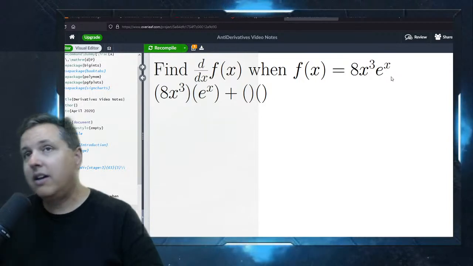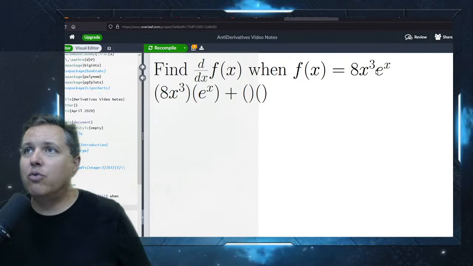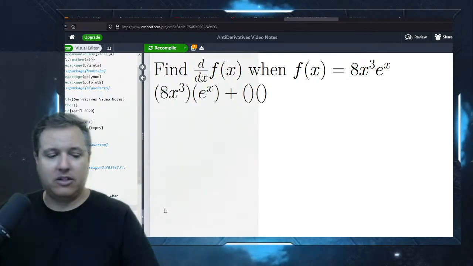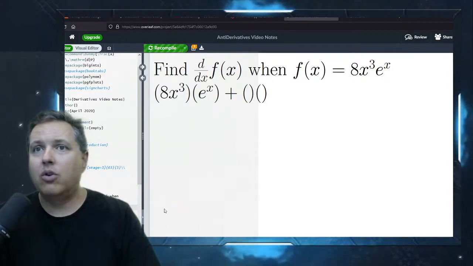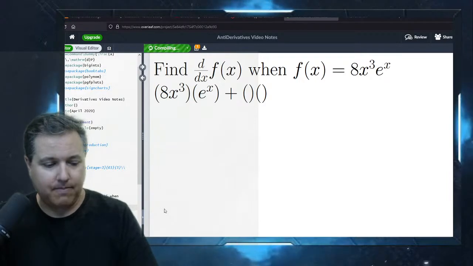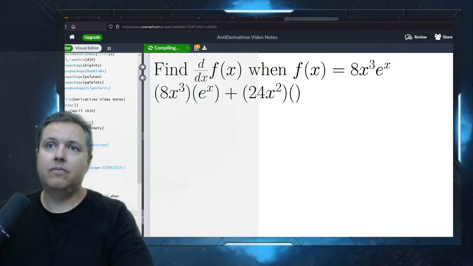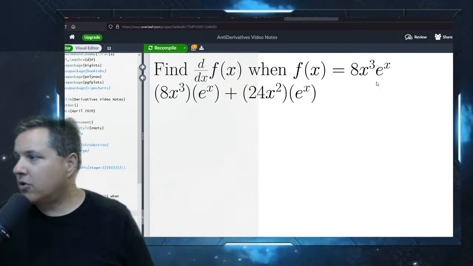That's the new thing that we're looking at. Now we're going to take the derivative of the first piece, so that's going to be 24x squared. And then we're going to leave e to the x alone.